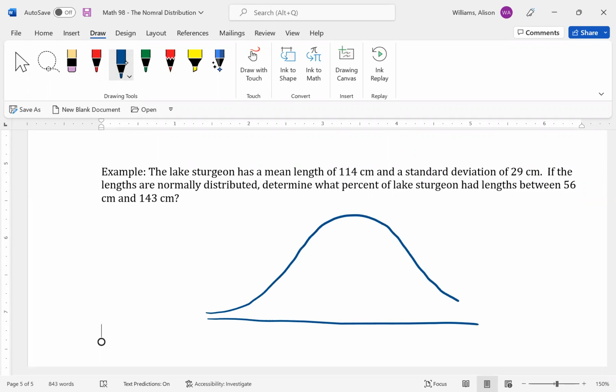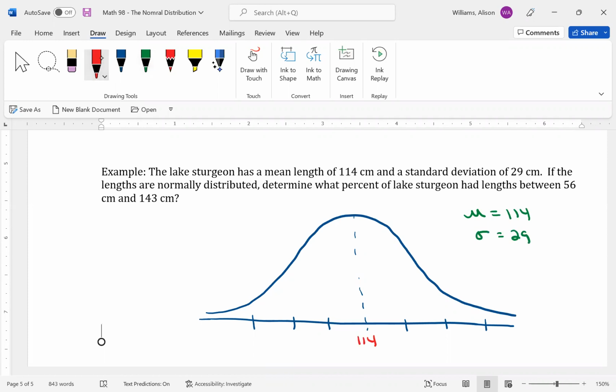I'm going to figure out all my values, starting with the mean, and then 3 standard deviations above, and 3 standard deviations below. Okay, so the mean is 114. I'll use my mu and sigma for the mean and standard deviation.